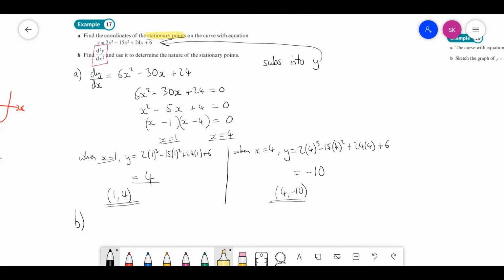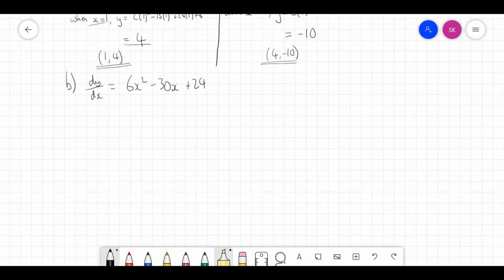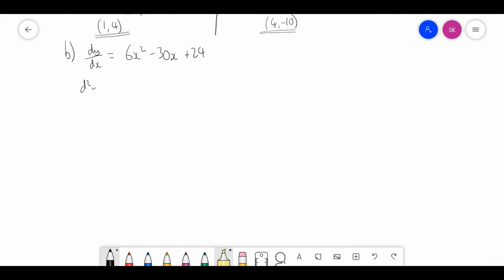So part B, keeping in mind my original differential, the first derivative was 6x squared minus 30x plus 24. d2y by dx squared is equal to 12x minus 30. So what this means is the gradient of the gradient is 12x minus 30.